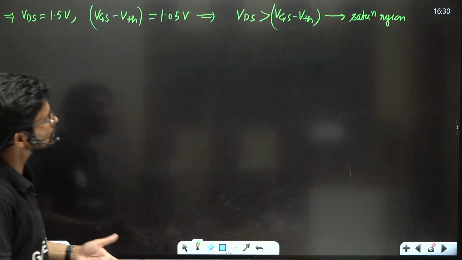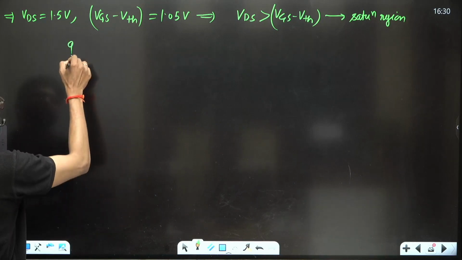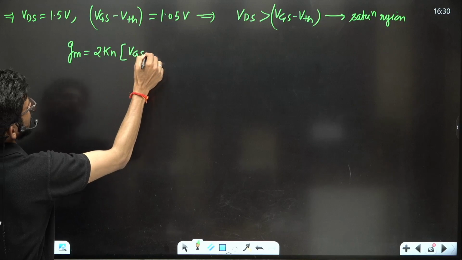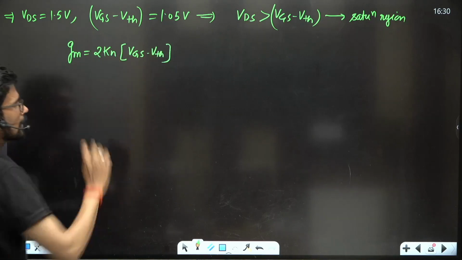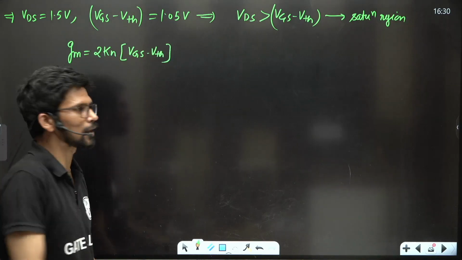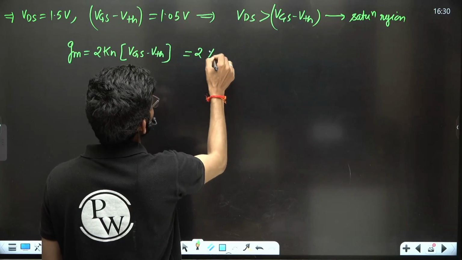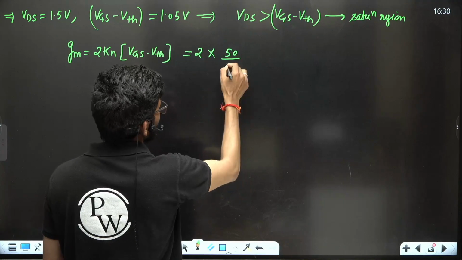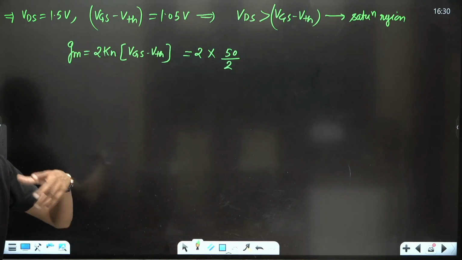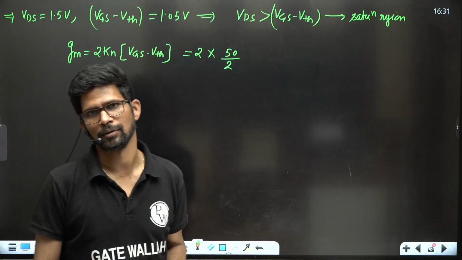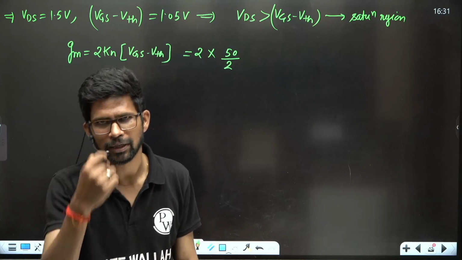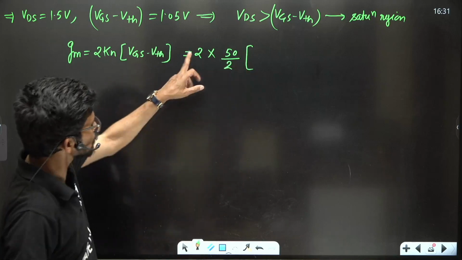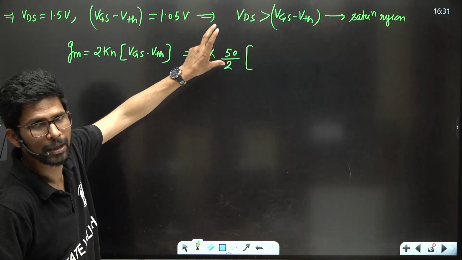In saturation region, the transconductance gm is given by 2 capital Kn into VGS minus VTH, where capital Kn is always mu n Cox W by 2L. Put the value: 2 into 50 divided by 2, where 2 is unitless and 50 is in microampere per volt square.